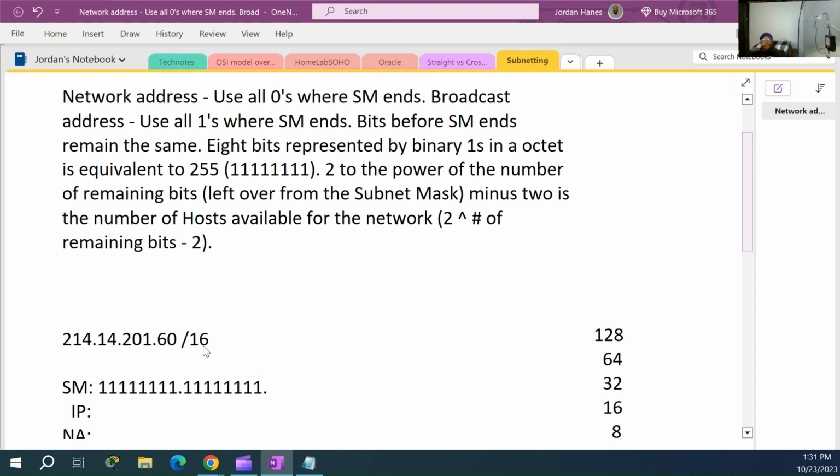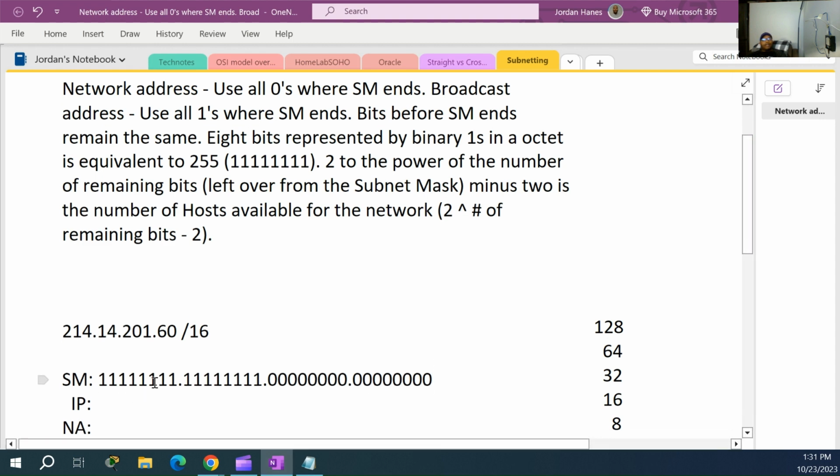An IPv4 address has 32 bits inside of it. So of these 32 bits, we have 16 already present, so the remainder is just going to be zeros. 1, 2, 3, 4, 5, 6, 7, 8, 1, 2, 3, 4, 5, 6, 7, 8. And that would give us our /16.